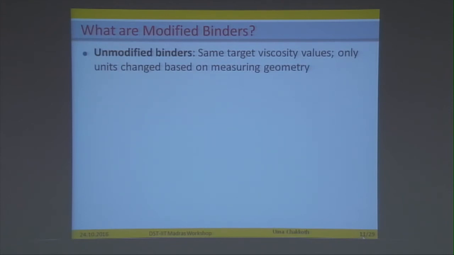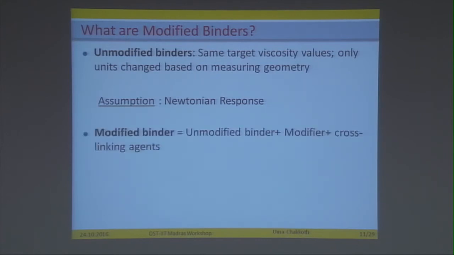However, the basic underlying assumption in the use of unmodified binders was that they exhibit a Newtonian response in the mixing and compaction regime. When it comes to the modified binder, the unmodified binder is added with a modifier and a cross-linking agent, and hence it results in a non-Newtonian response of the binder in this particular regime.